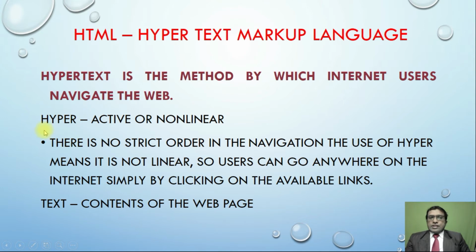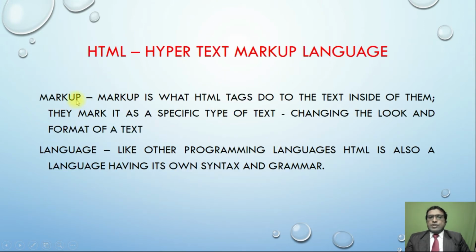So we have seen what is hyper, we have seen what is text. Now we can see what is markup. Markup is what HTML tags do to the text inside them. They mark it as a specific type of text, changing the look, changing the format of the text.